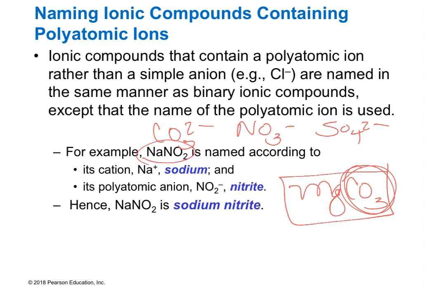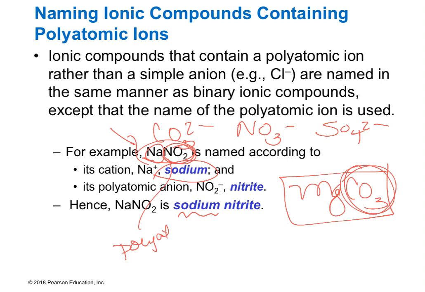So, for example, let's say I asked you to write the name for NaNO2. All right. So remember, always write the name of the cation first, and that's sodium. It's given its full element name. So the name is going to start with sodium. And then you have to be able to identify this NO2 as a polyatomic.